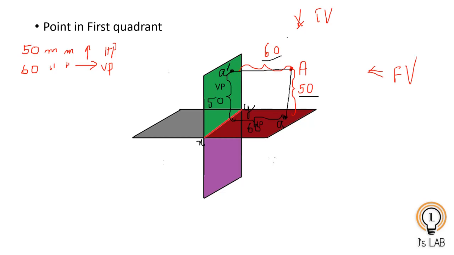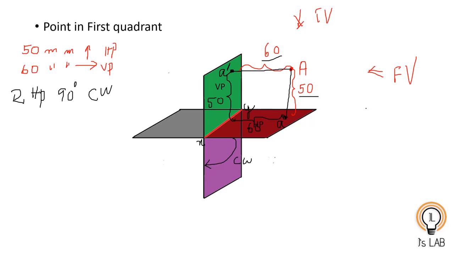Now what we will do is always rotate HP 90 degrees clockwise. Whatever the position of the point, always follow this: rotate HP 90 degrees clockwise. This brown is HP, and you rotate it 90 degrees clockwise, and the brown area will come onto the violet area.